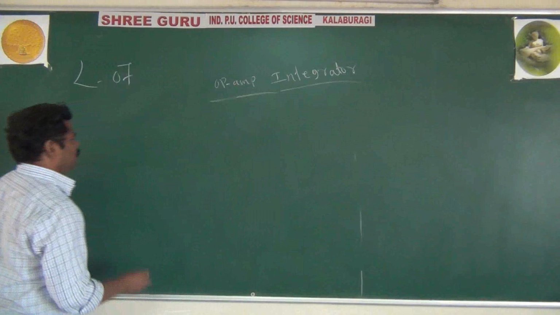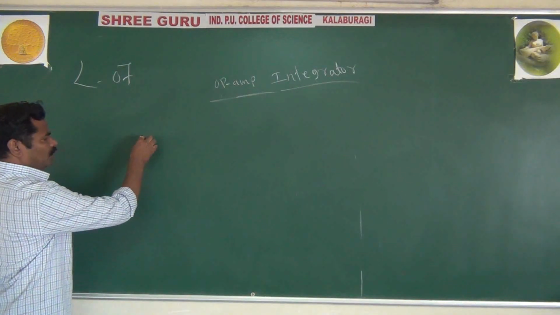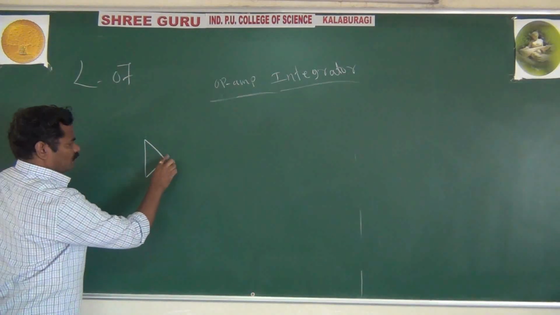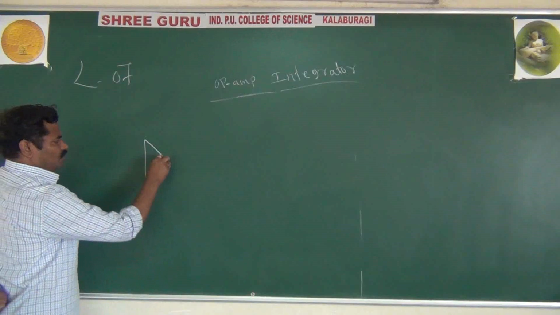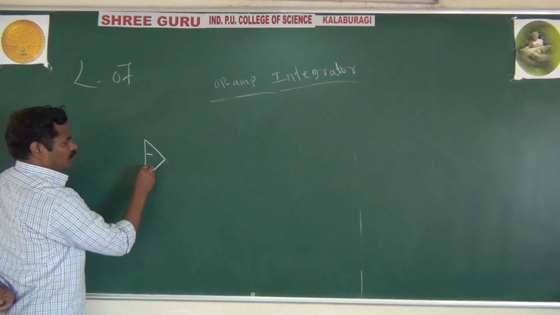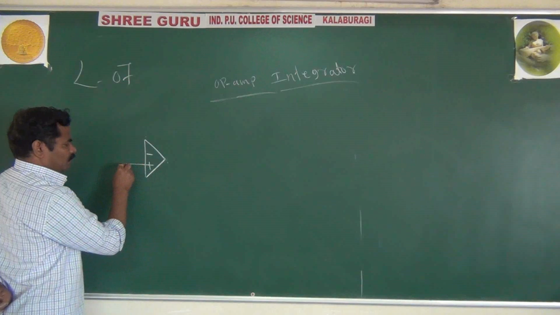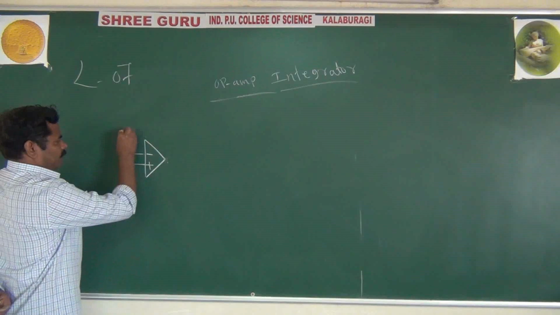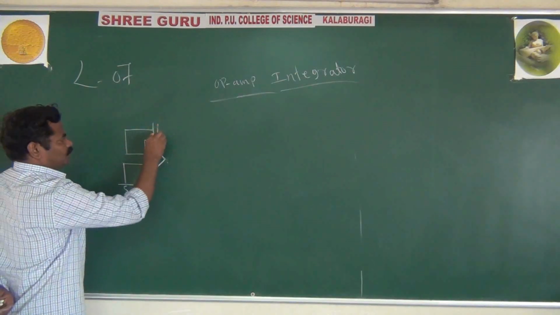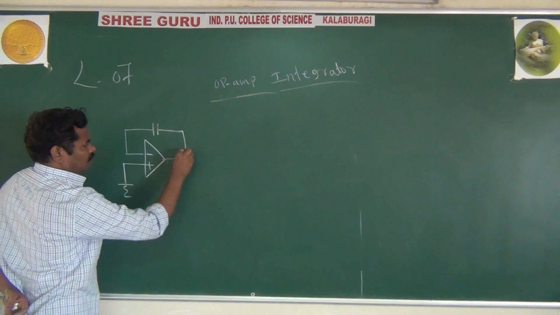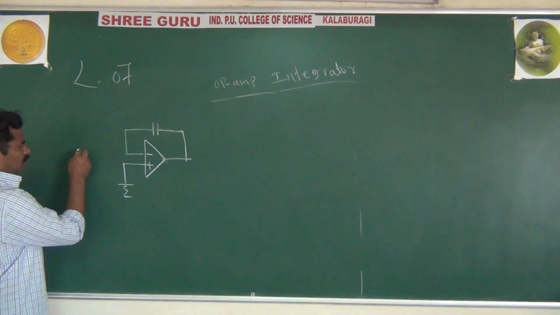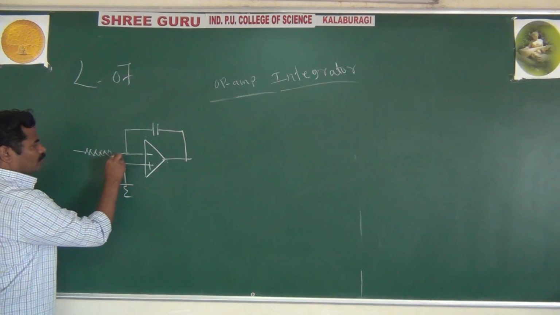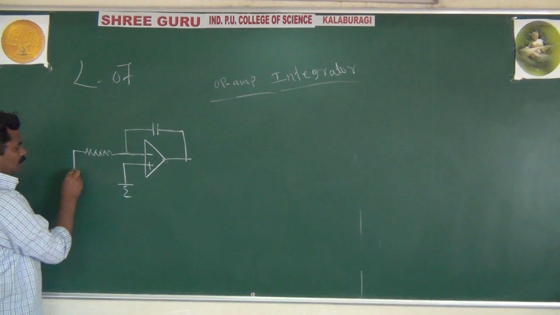And as I said, there is a very small change here, the remaining is similar to your differentiator. Here you connect the capacitor to the output side. Remaining similar to your differentiator, and here you can apply the input.